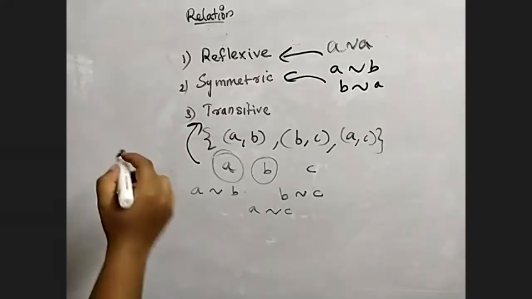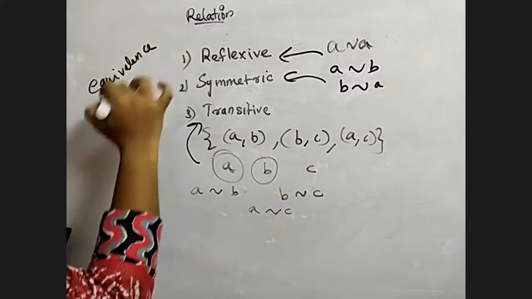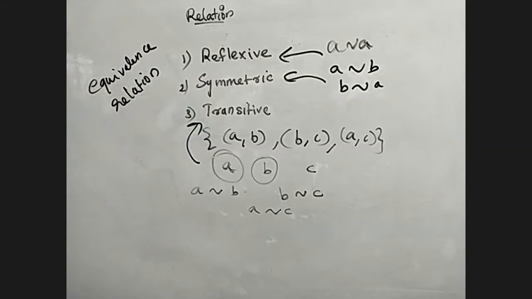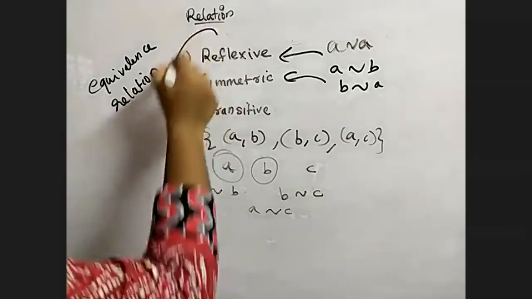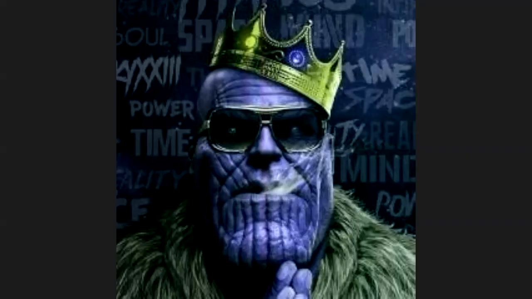Equivalence relation. Understood. So if all these three are satisfied, it is an equivalence relation. Clear? So understand reflexive, symmetric, transitive, and equivalence relation. Okay?